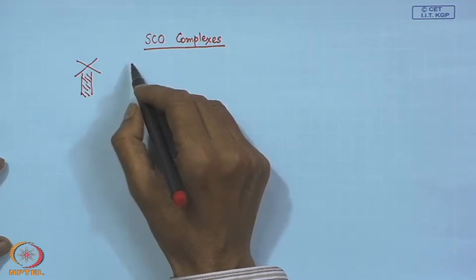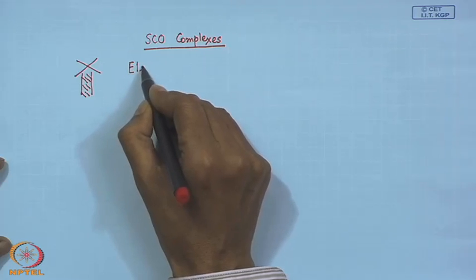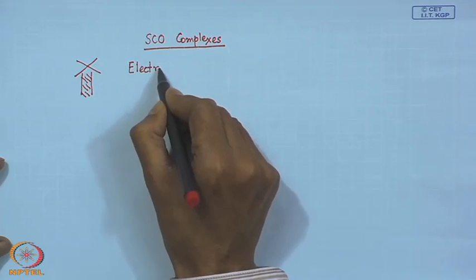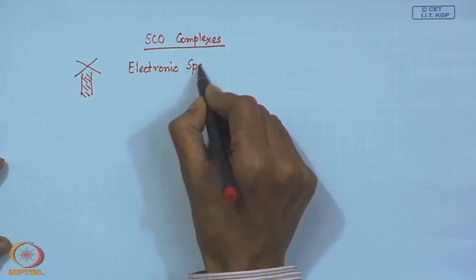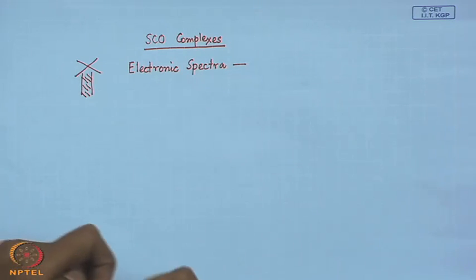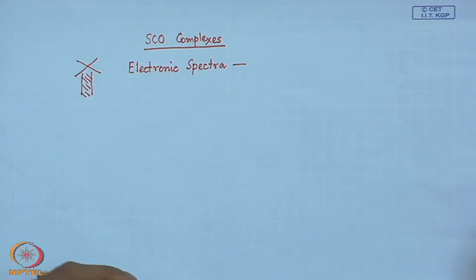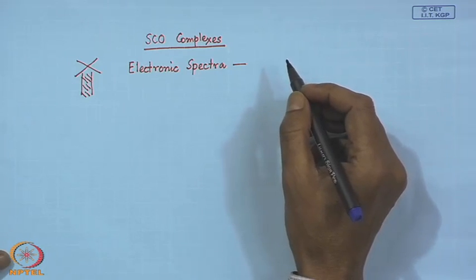Now, today we will see how the electronic spectra can also help us in characterizing these two different spin states, that means the high spin state and the low spin state.